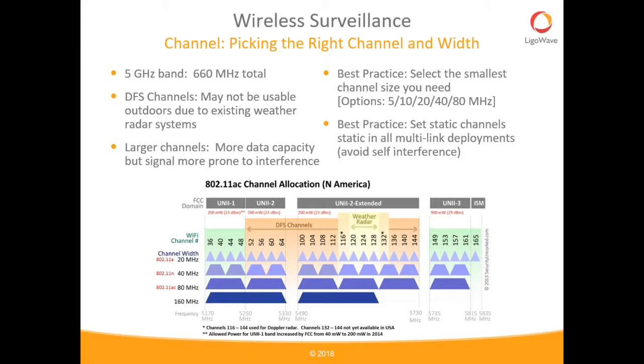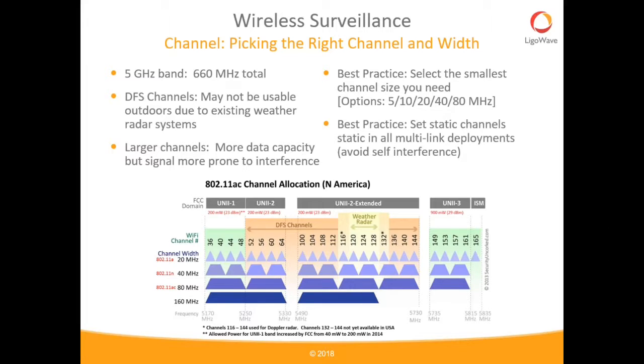And these have rules in terms of where you can use them because of existing weather radar and other radar systems that are present. Also, depending on your regulatory domain, some of these channels may or may not be available. So you need to really understand what channels are available to you in your regulatory domain before you start picking channels.